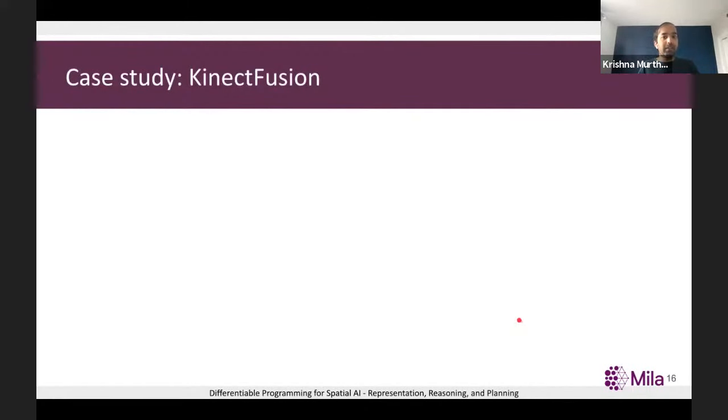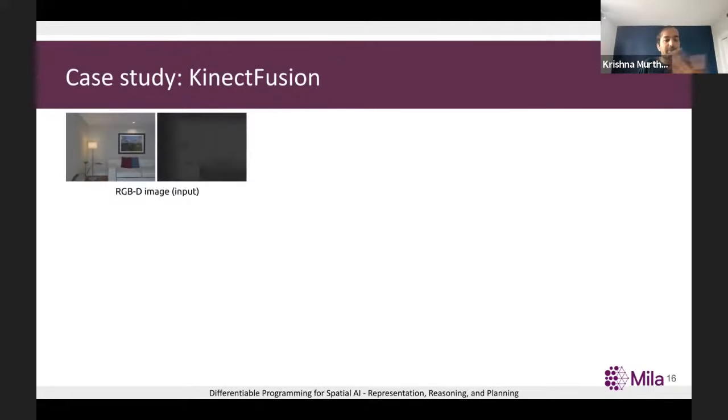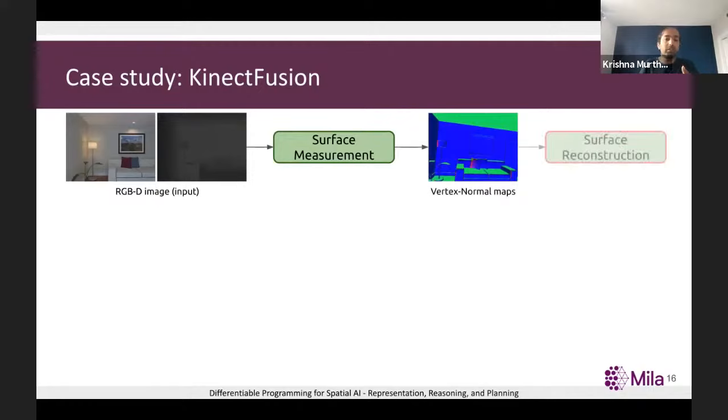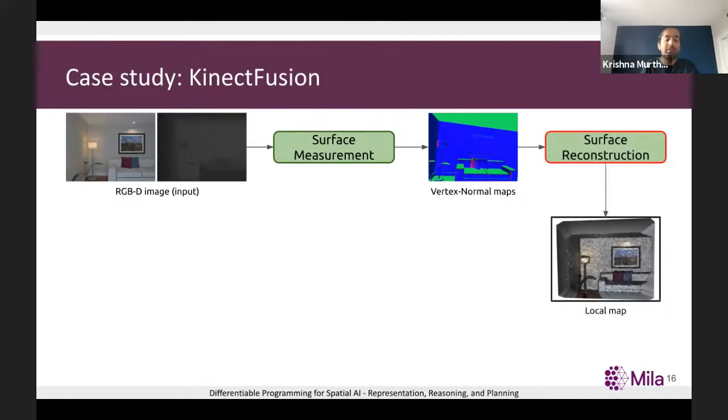So here's one case study I'll be talking about. And this is the very popular Kinect Fusion SLAM system. Kinect Fusion is a dense SLAM system operating on RGBD images. So it takes RGBD images as input, and you perform some form of surface measurement, which gives you vertex normals and a local reconstruction. And the local reconstruction is noisy because you only have partial sensor observations.